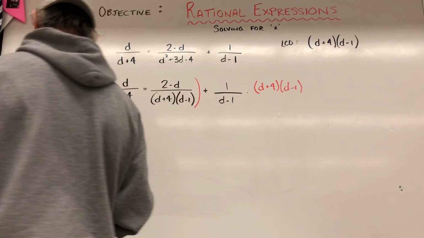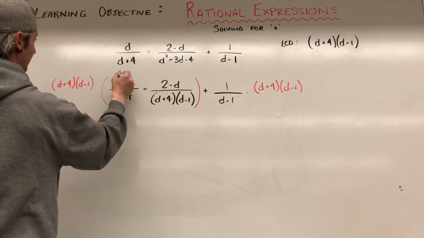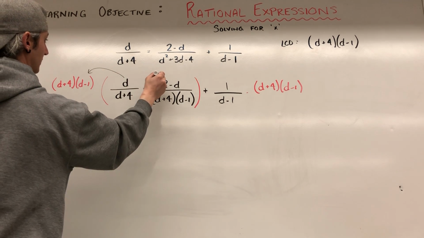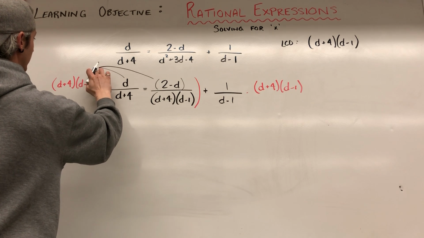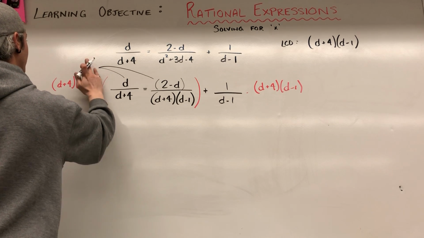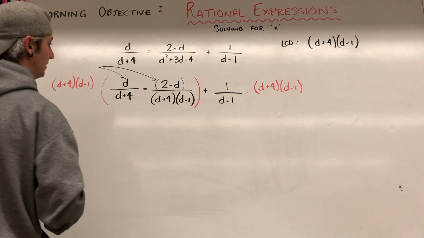Okay, so this d is going to multiply there, and then this 2 minus d is going to multiply there. I'll put the arrows in the opposite direction so as not to confuse you.